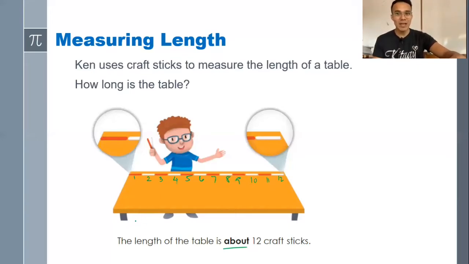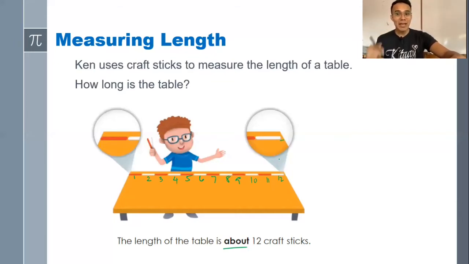Why? Look at the last stick. Did it touch the end of the table? Look at this. Did it touch the end of the table? The answer is no. The last stick did not touch the end of the table.